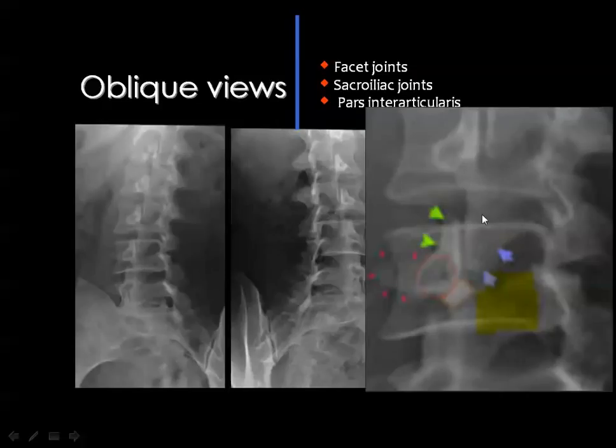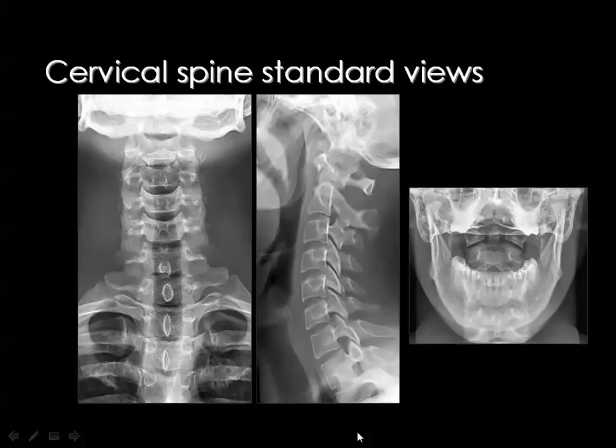And when this part is broken, there is a possibility that the vertebra will slip over the underlying vertebra, particularly if both pars interarticularis are broken.